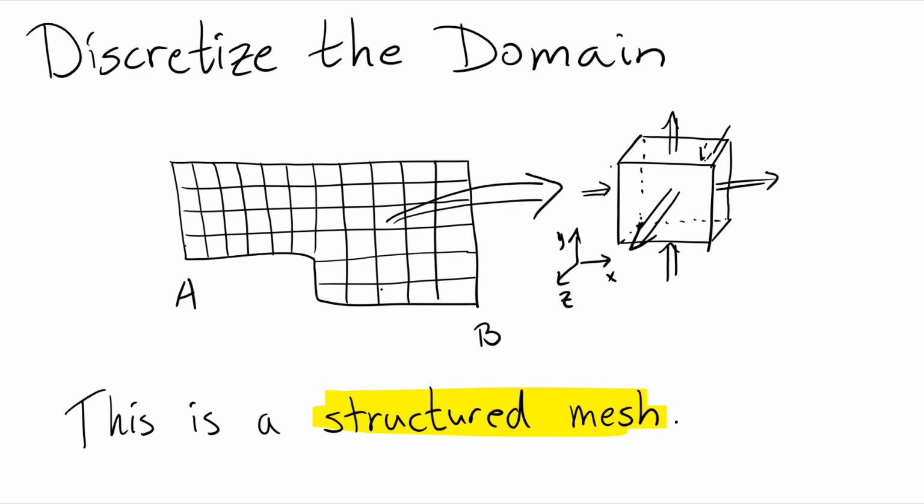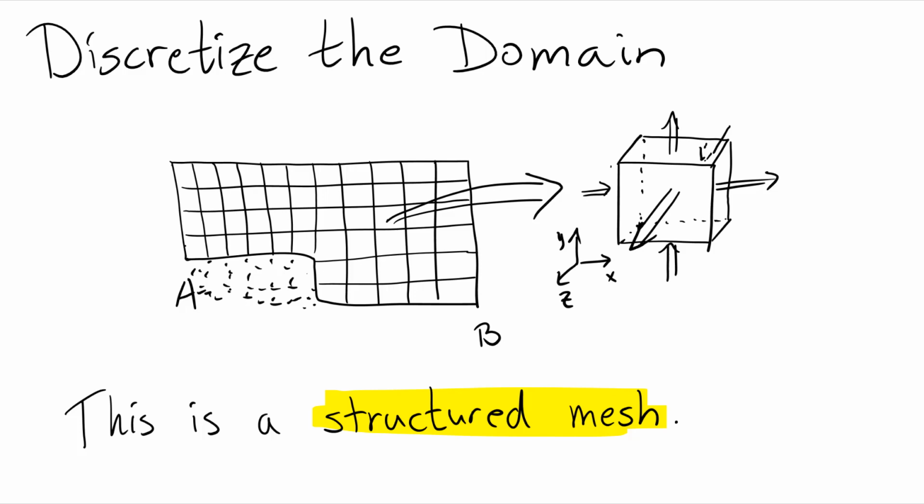Anyhow, this is a structured mesh, and what that means is that, okay, we can perhaps draw some further. If we imagine that this mesh continues here, we're not solving in these cells that lie outside of the domain, but they are there.